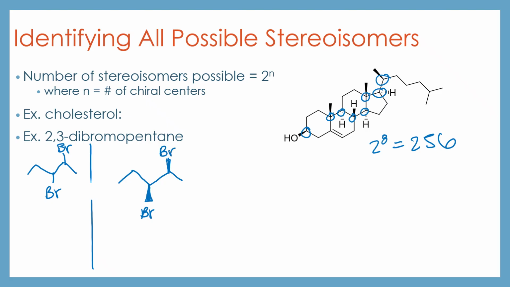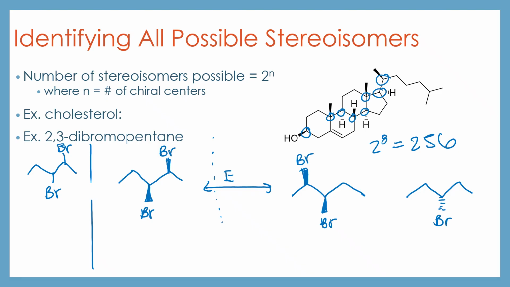Now, to draw the enantiomer of this molecule, I would create a pretend mirror plane. And I could either draw this molecule exactly like the mirror, where my bromine is now over here and on a wedge, or I can draw everything in the same order from left to right and flip-flop my dashes and wedges entirely.